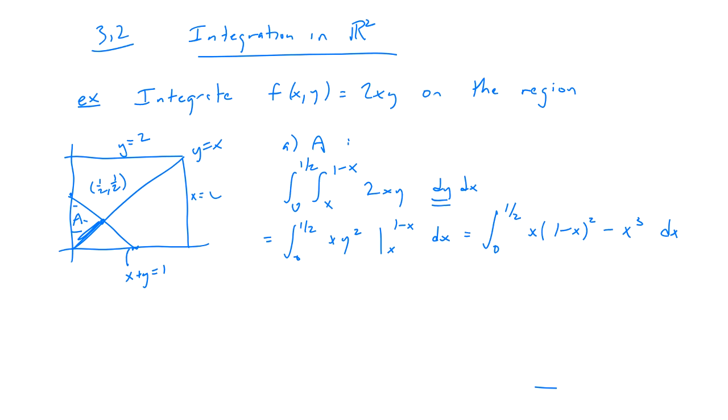I'll probably want to simplify that to do the integral. 1 minus x quantity squared, of course, is 1 minus 2x plus x squared, and then multiply by x.